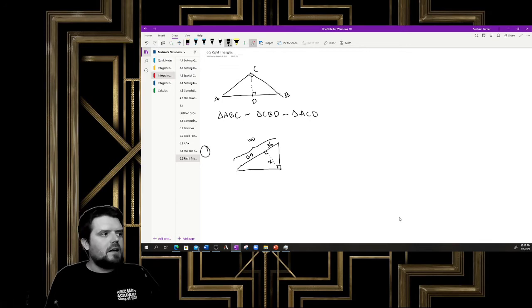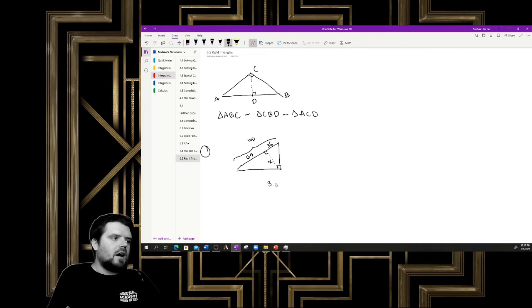Looking up here at my similarity statement, ACD is similar to CBD. So these two triangles would have to be similar. So I can write a similarity statement, say 36, which would be the shorter side, over x, which would be the longer side for that triangle, has to be equal to the shorter side, x, over the longer side, 64.